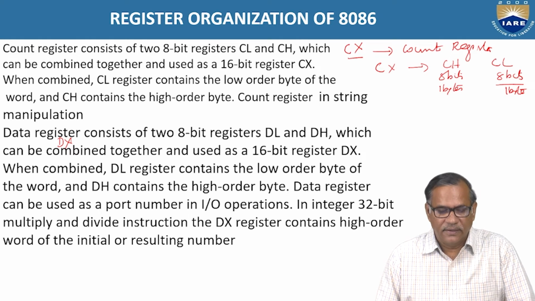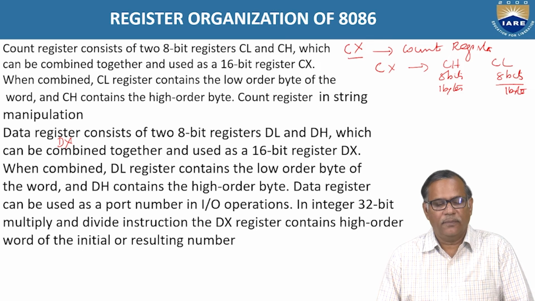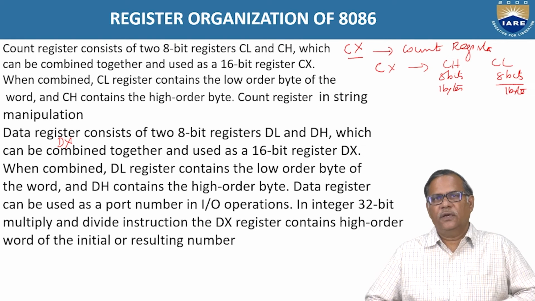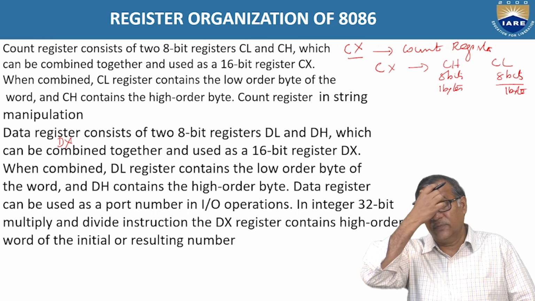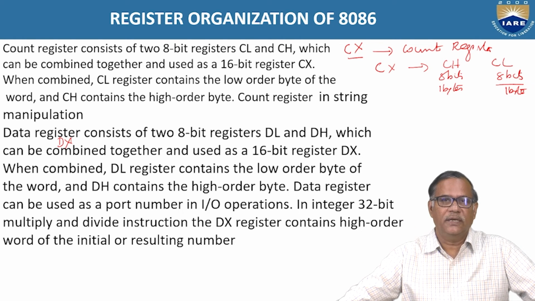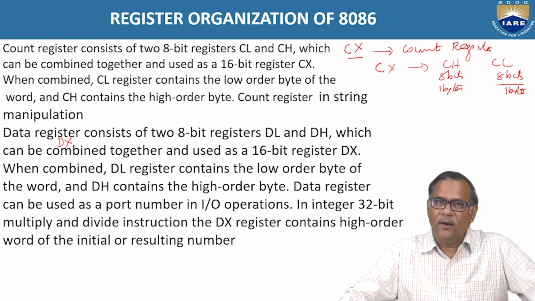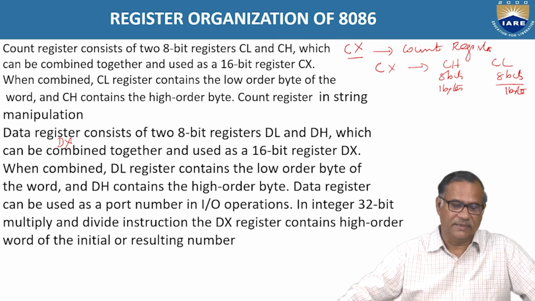So this register can be used as a port number in IO operations. So for port operations, this contains the port address and this can be used in indirect addressing mode for IO operations. In integer 32-bit multiply and divide instruction, the DX register contains the high byte of the result.